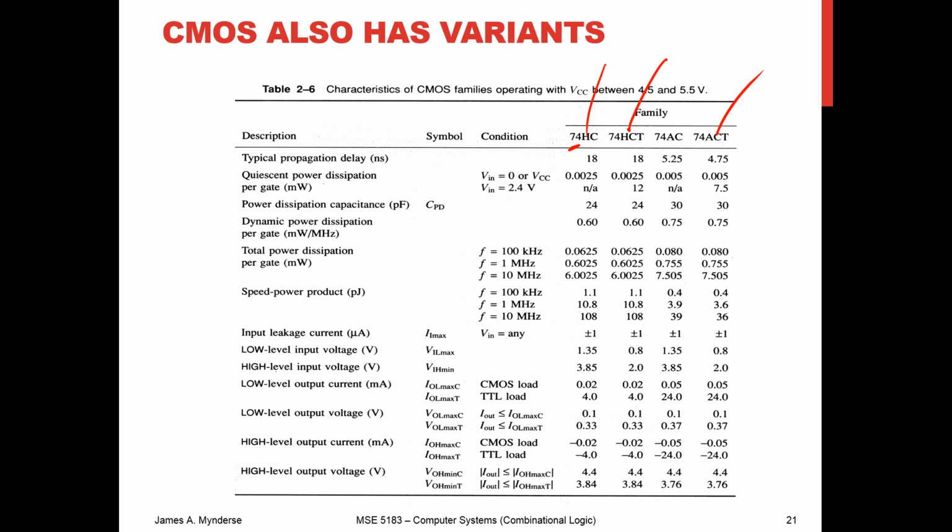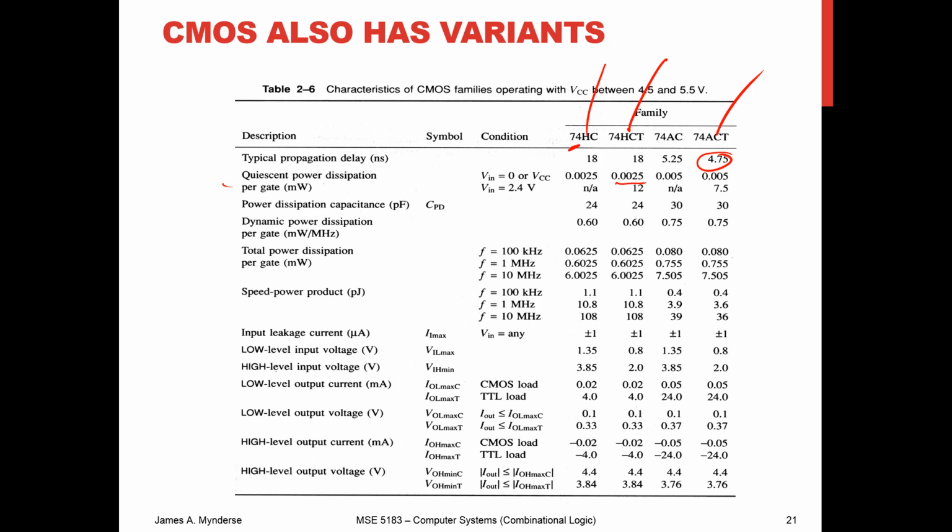So notice the propagation delays. The lowest here is 4.75 nanoseconds, compared to 1.6 nanoseconds on the fastest of the TTL. So the TTL might be faster, but look at that power dissipation. For the idle power dissipation, 0.0025 milliwatts, that's tiny.